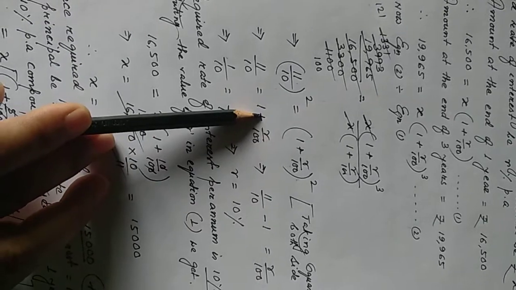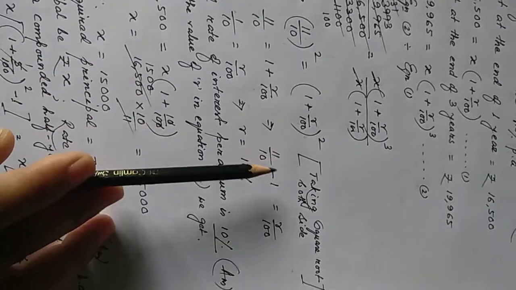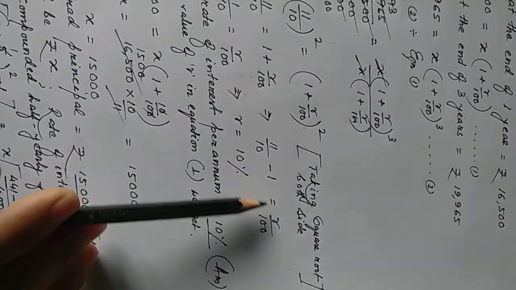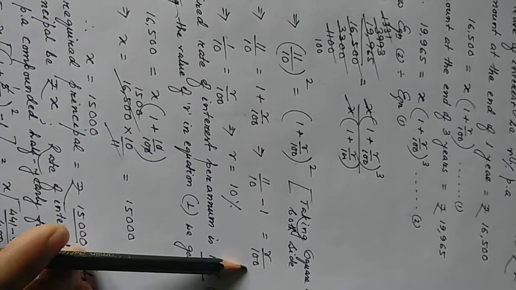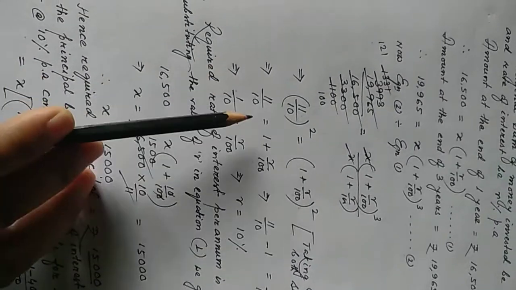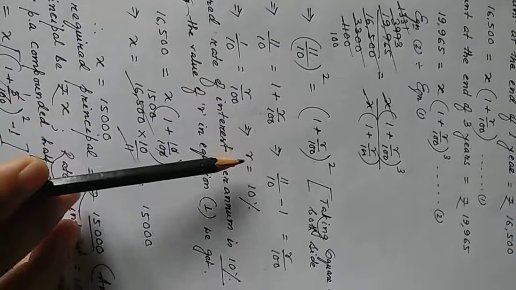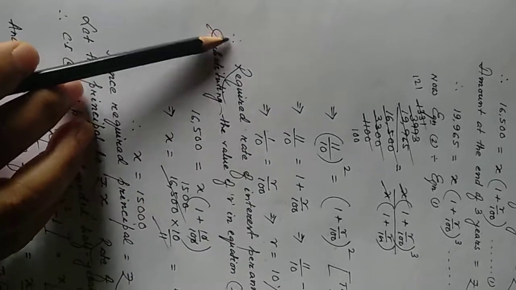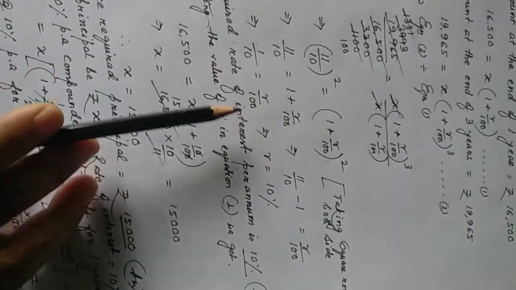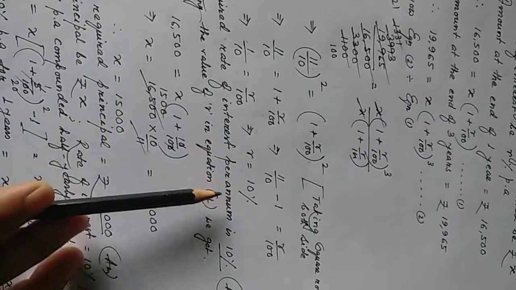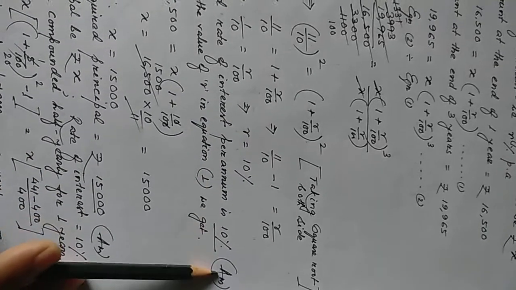Then transferring this 1 to the left hand side, this will be 11 by 10 minus 1 equal to R by 100. So this will be 1 by 10 equal to R by 100, and then R equal to 10%. Therefore the required rate of interest per annum is 10%.